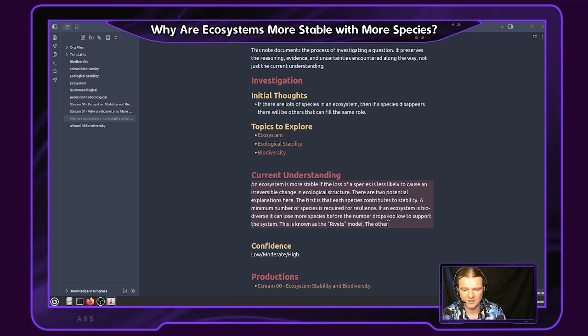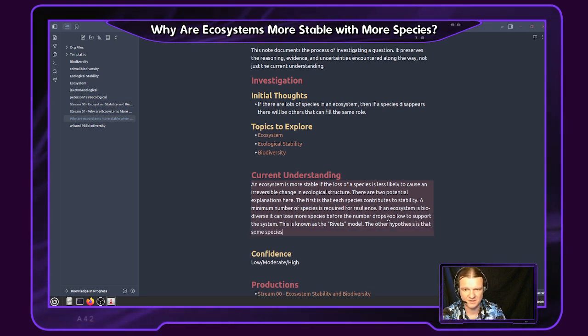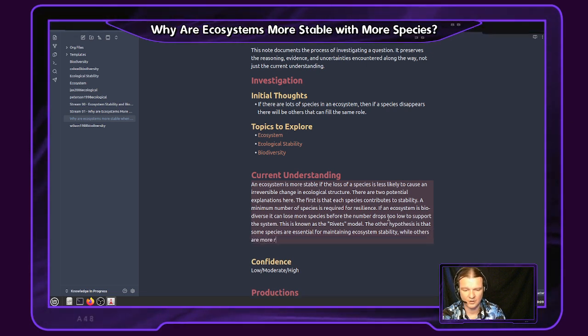The other hypothesis is that some species are essential for maintaining ecosystem stability, while others are more redundant.